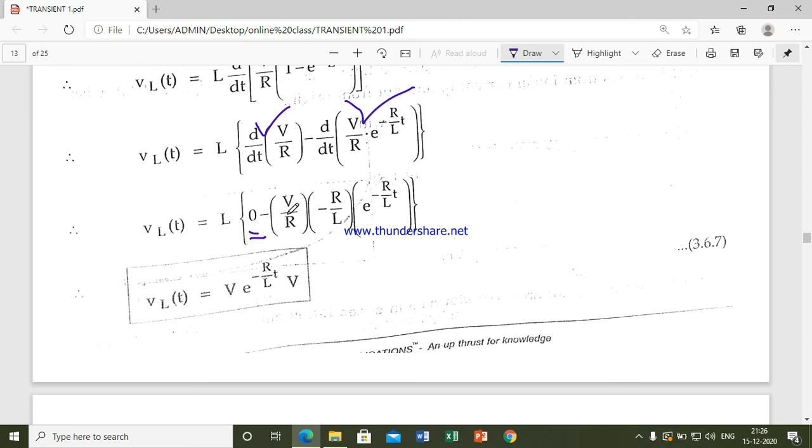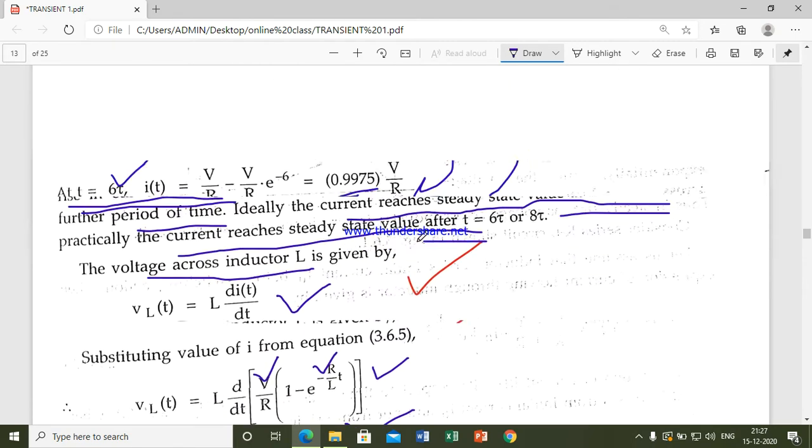For the second term, V by R is common, and differentiation of e raised to minus R by L t is nothing but minus R by L into e raised to minus R by L t. After rearranging and simplifying, this and this get cancelled, and this term and this term get cancelled. You will get V into e raised to minus R by L t. This minus and this minus become plus. VL of t equal to V into e raised to minus R by L t.